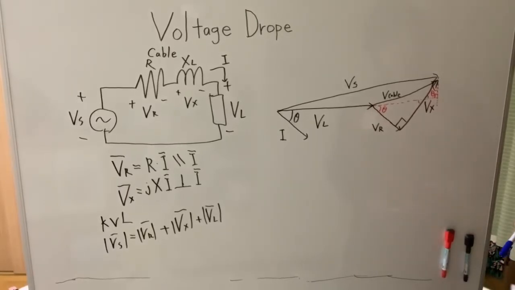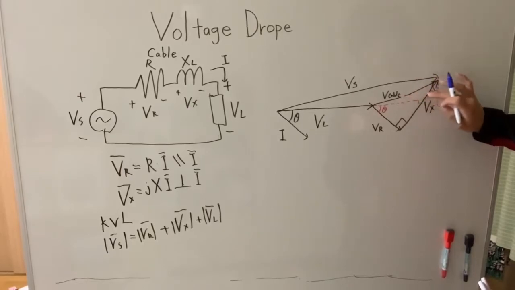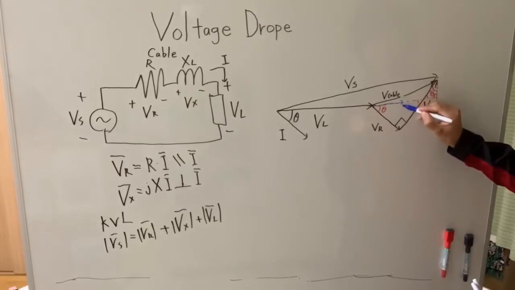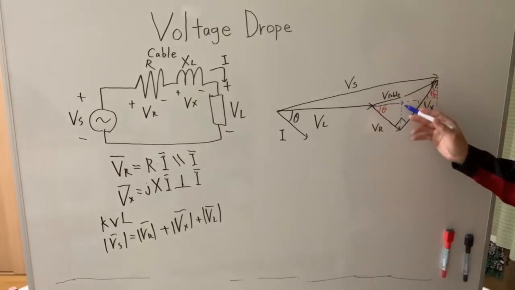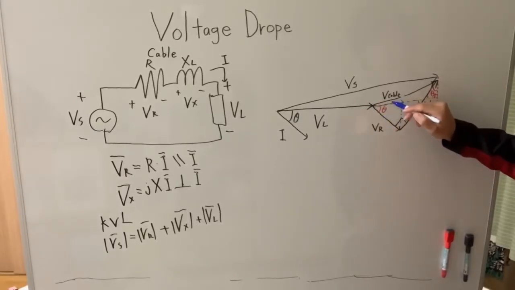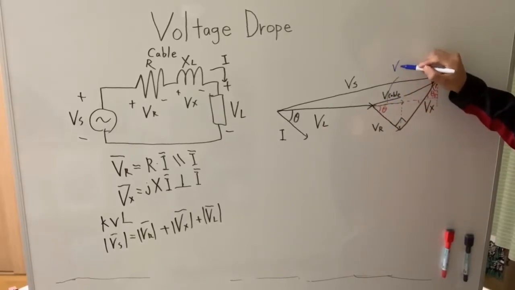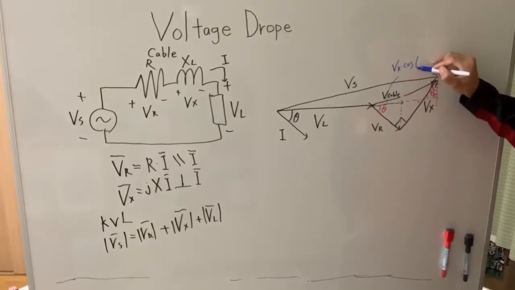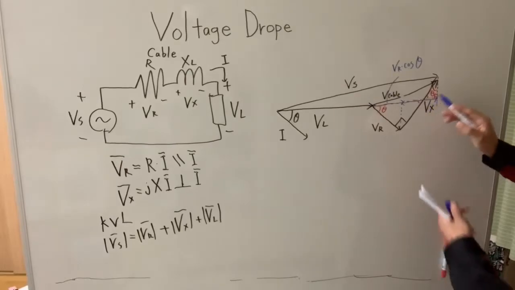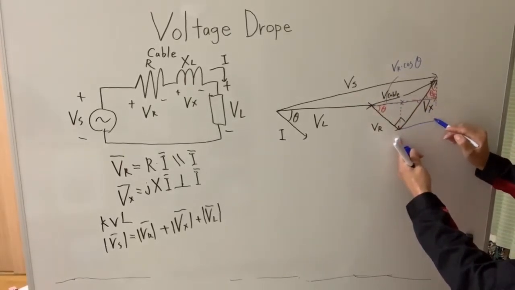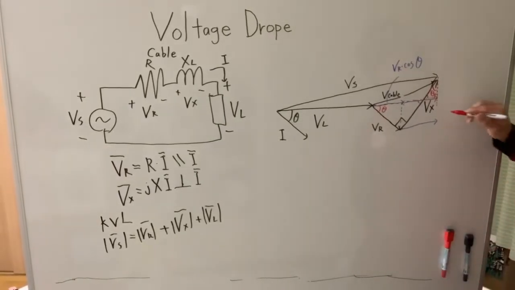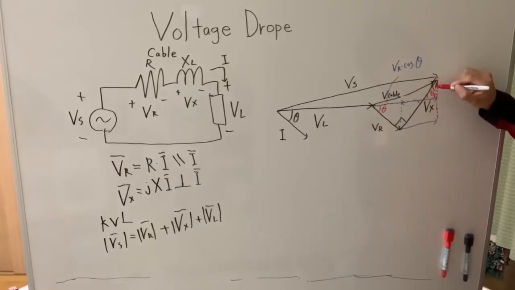So how about this length here? This is VR times cosine theta. And how about this length here? This is the same as this length here, and this is VX times sine theta.